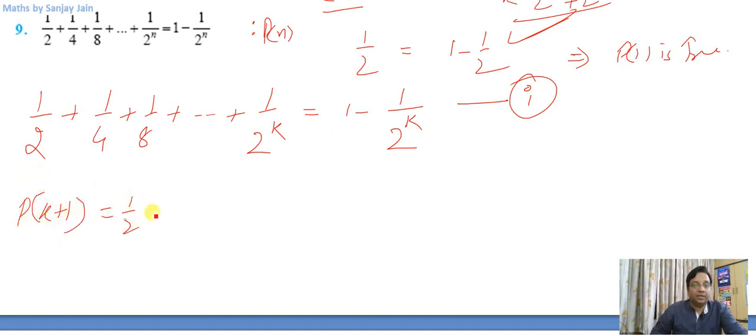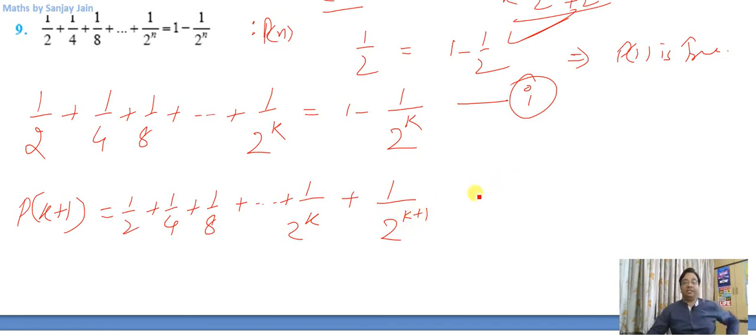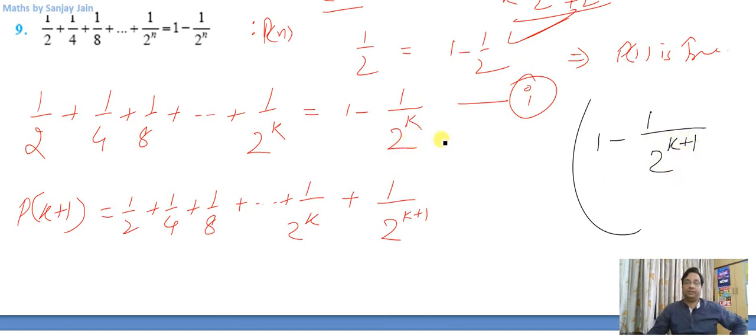This will be 1 by 2 plus 1 by 4 plus 1 by 8 plus and so on, 1 upon 2 raised to power k plus 1 upon 2 raised to power k plus 1. This will be my left hand side, and on the right hand side I would like to achieve 1 minus 1 upon 2 raised to power k plus 1, right?